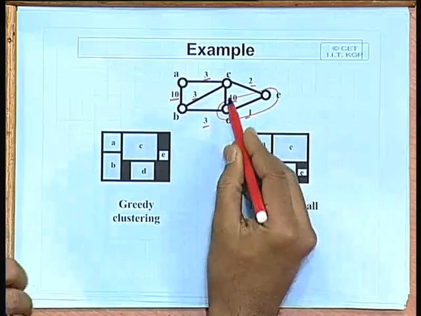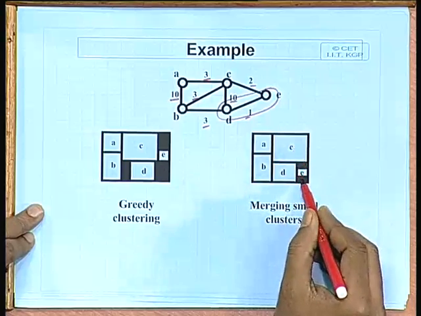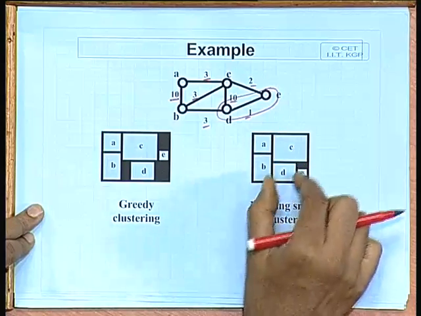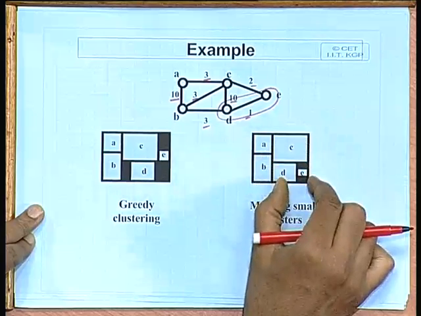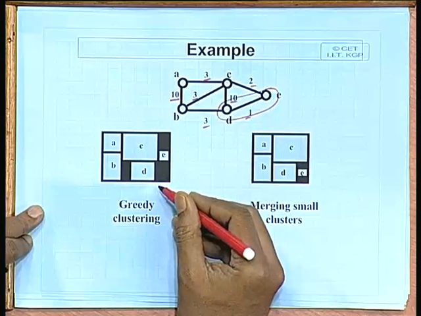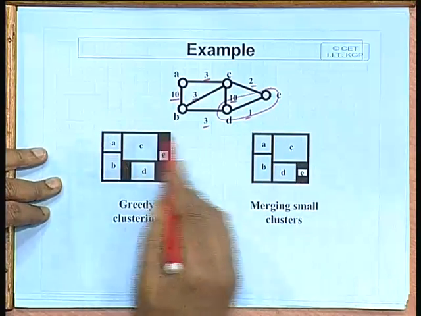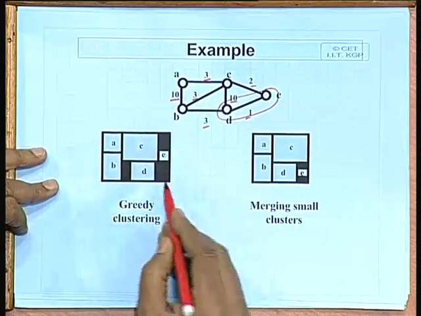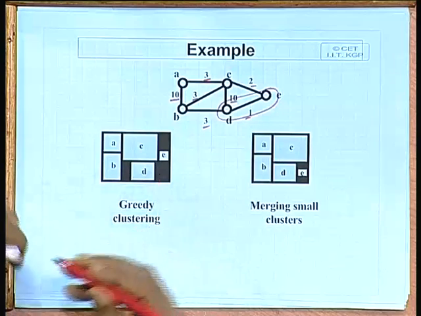So whenever you are assigning C and D together, since D is smaller than C, possibly E can sit side by side with D. So the total floor area will be less. Otherwise, if you follow a purely greedy approach, you may land up with a floor plan like this, however the area may be more, right.